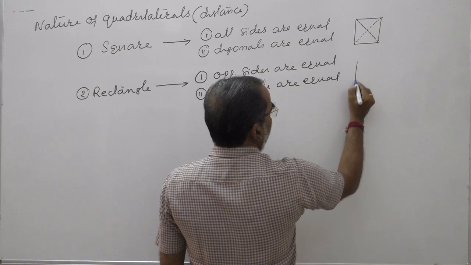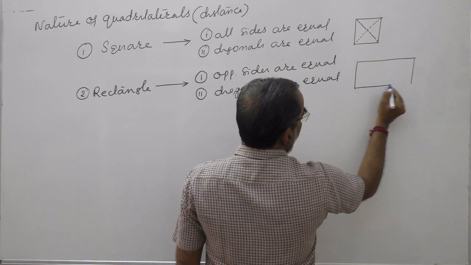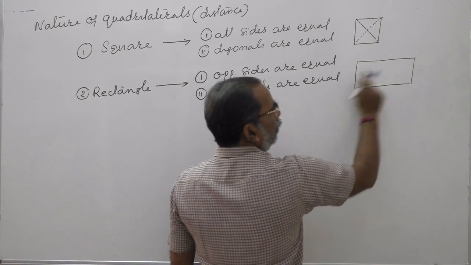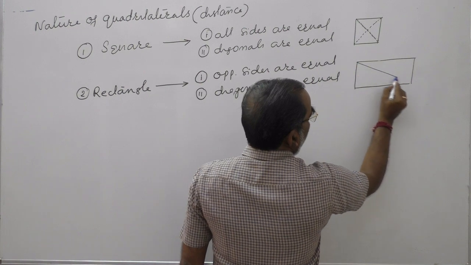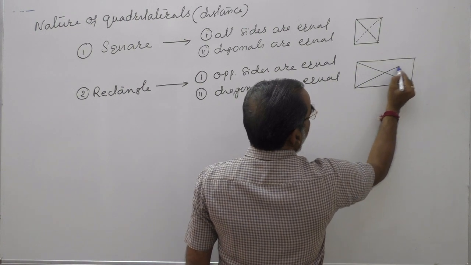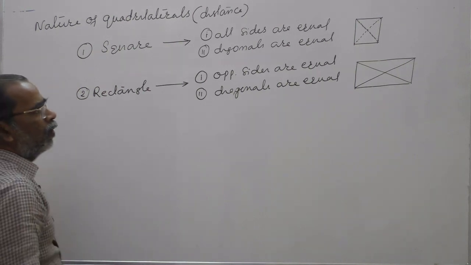So only opposite sides are equal means this and this are equal, this and this are equal. All sides are not equal. And you can see the diagonals from the figure. They are also equal. It is a rectangle.